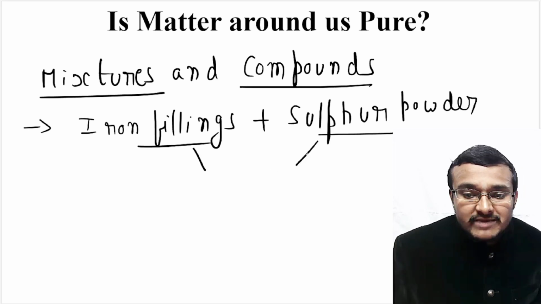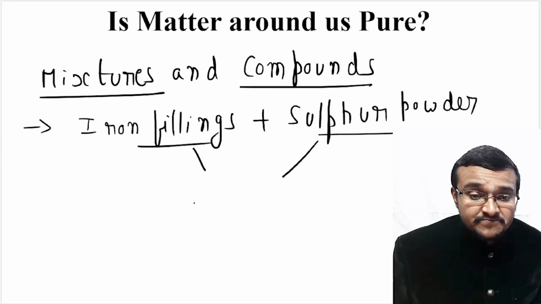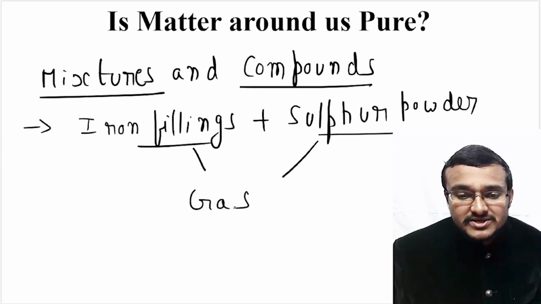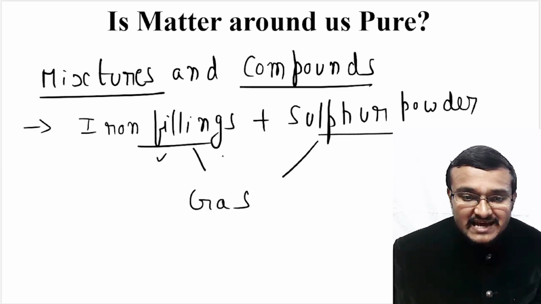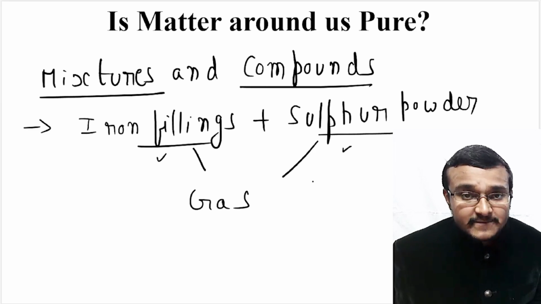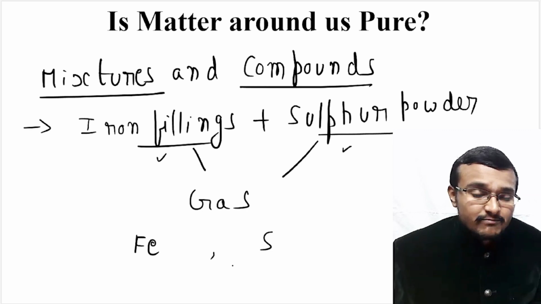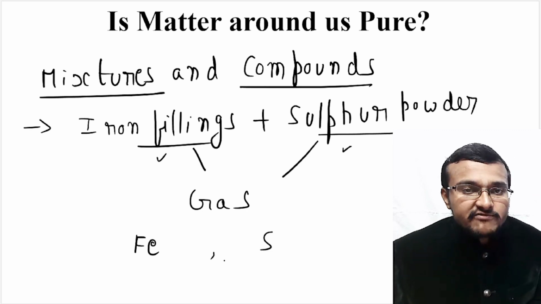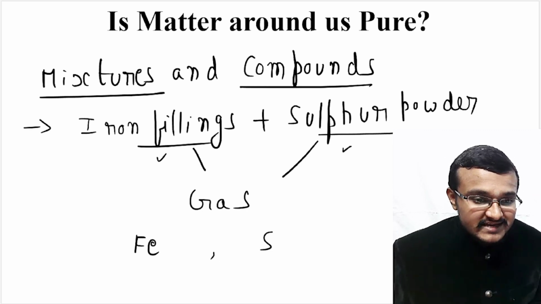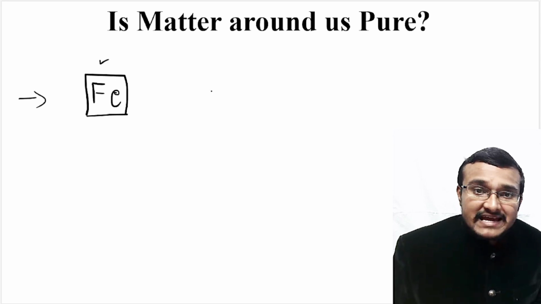If these two elements are mixed together, there is no real chemical change happening between iron and sulfur. It is just a mixture of iron and sulfur in this case. Iron can be represented by Fe and sulfur by S.